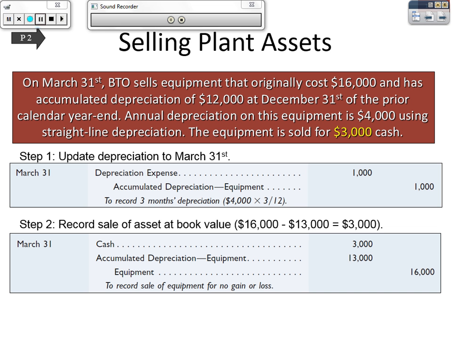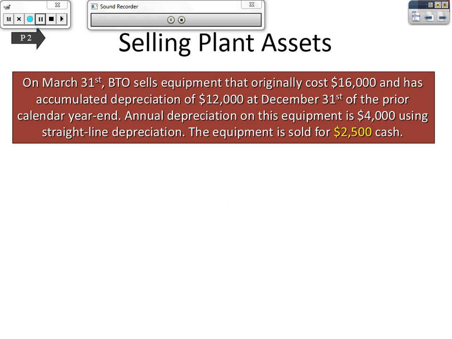So we debit cash 3,000. We debit accumulated depreciation of 13,000, which is 12,000 plus 1,000, and of course credit equipment for the full amount of 16,000. So that means there was no gain or what? Loss.